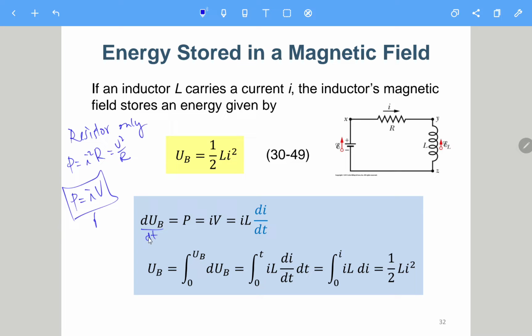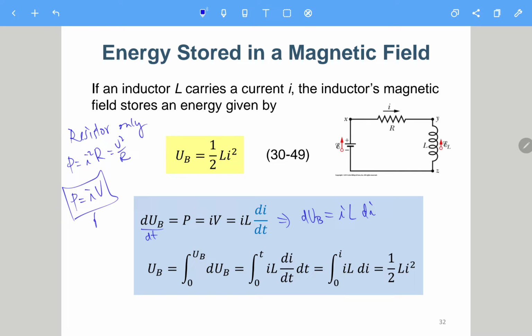On both sides we have dt, so it makes dU_B equals I L dI. So for the whole U_B, which is the integration of dU_B from 0 to U_B, we plug this in, so it becomes I L dI, and L is a constant, so we put it out.